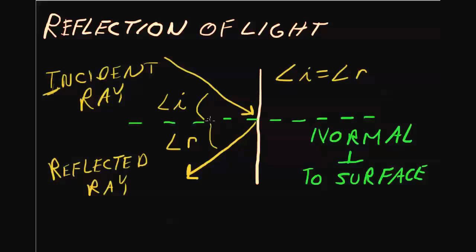All right, we're going to look at a couple other mirrors here. Let's look at a concave mirror. We're not going to get into this in a lot of detail; you'll pick that up in physics class.